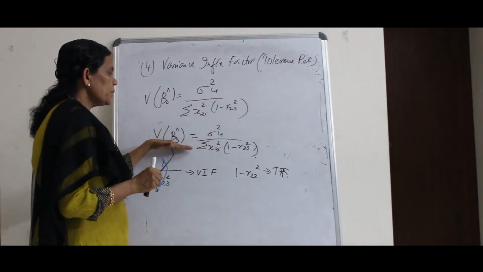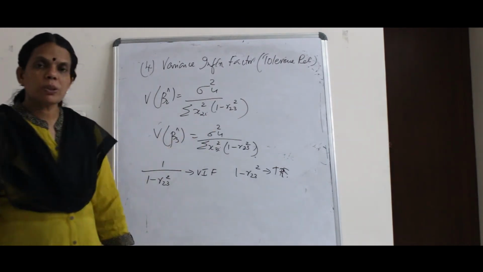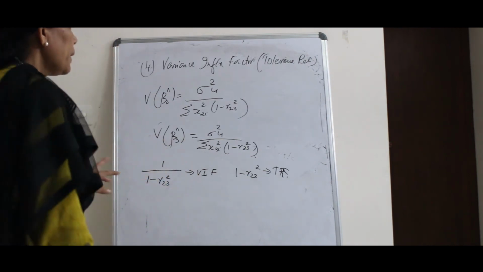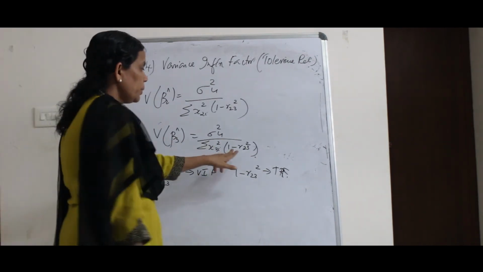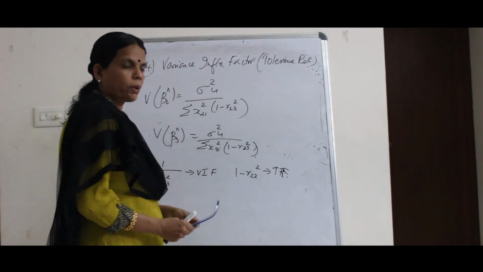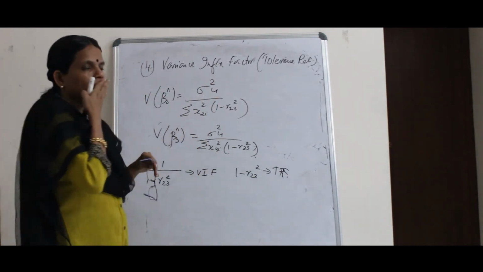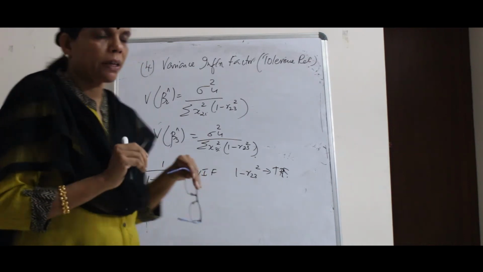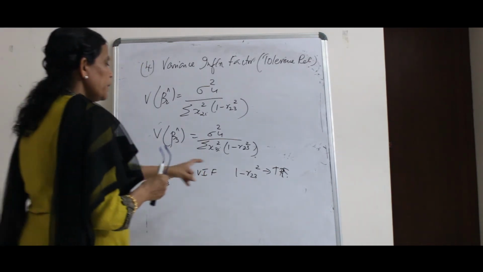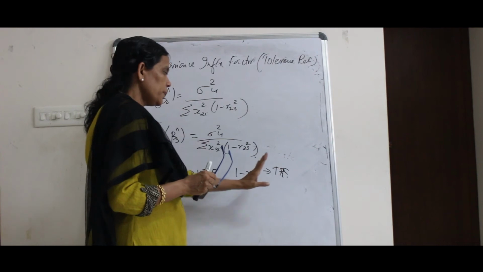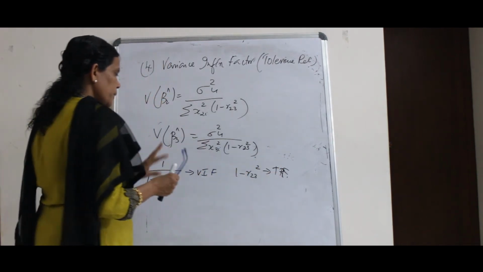Similarly, variance of beta 3 hat is equal to sigma square u by sigma x3i the whole square into 1 by 1 minus r23 square. And this 1 by 1 minus r23 square is called the variance inflation factor, and 1 minus r23 square is the tolerance ratio, tolerance factor.